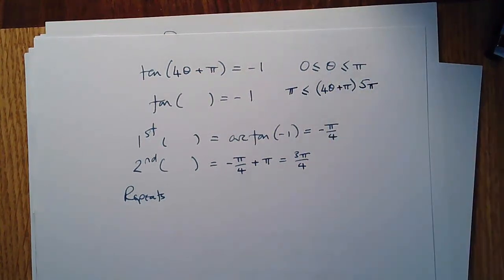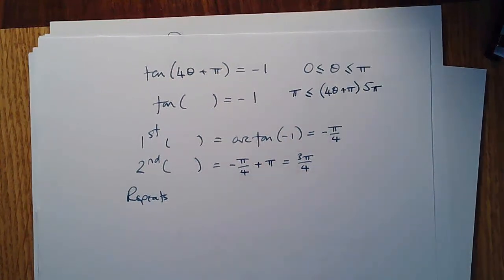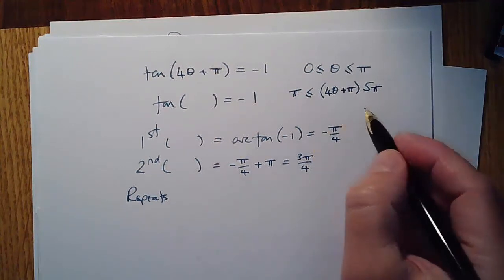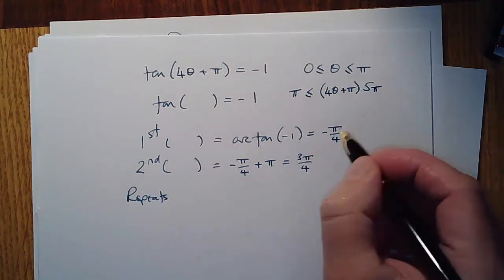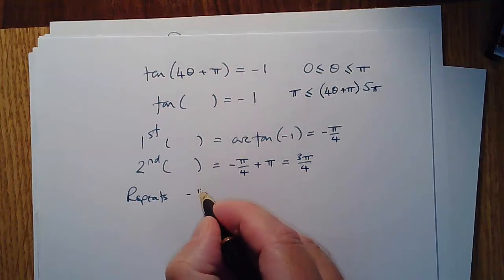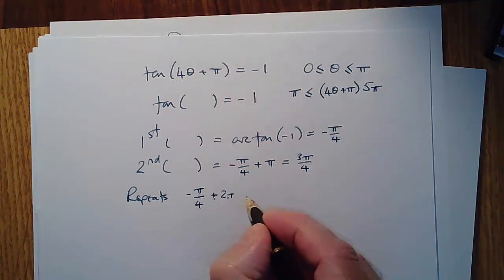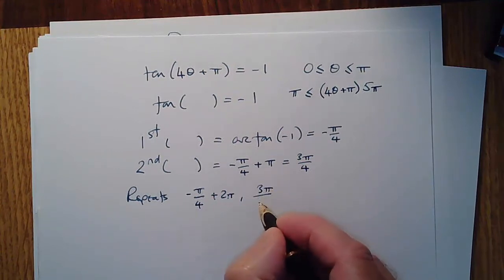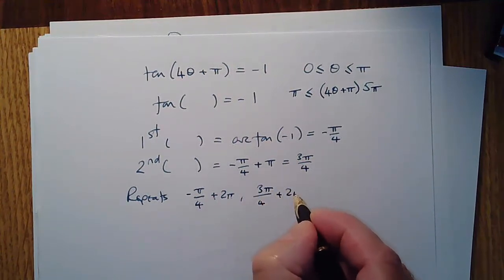Okay, so neither my first solution nor my second solution is in that interval. I don't care. I just need to get all the repeats of these solutions that are in the correct interval. So I can add 2 pi to them. So minus pi by 4 plus 2 pi is a perfectly good one. 3 pi by 4 plus 2 pi is a perfectly good one.